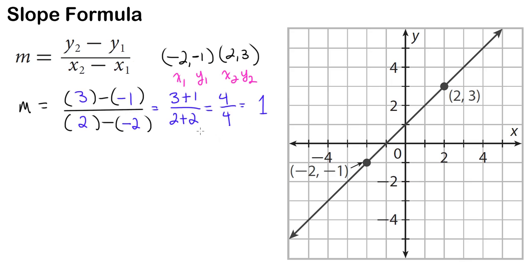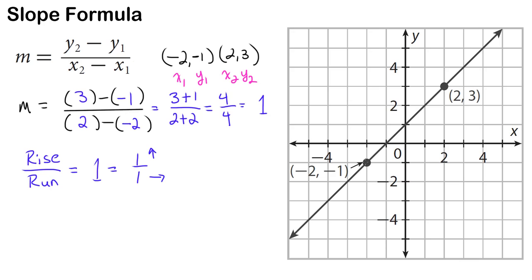So this line has a slope of positive 1. So what does that mean? Remember that slope is a ratio, a fraction of rise over run. So even though we've expressed this slope as a whole number, I can write the whole number 1 as a fraction of 1 over 1. So what that tells me is that this line moves up 1 unit as it moves to the right 1 unit.